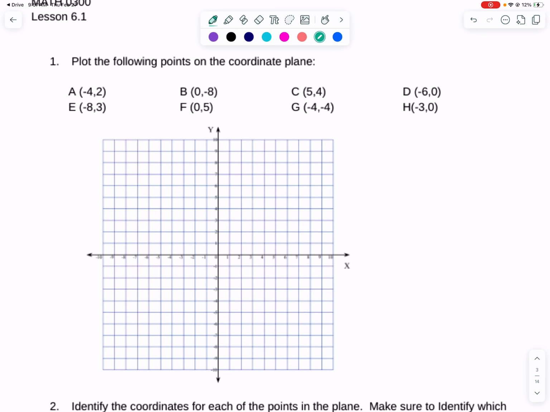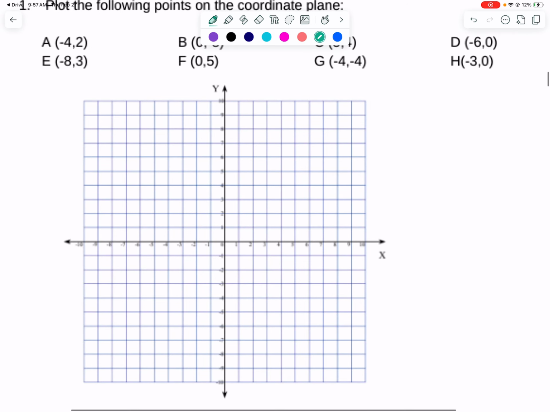Now let's plot some points. We probably won't do all of them, just because once you've done a few, you're pretty good at it by then. I'm going to go ahead and start by marking some important pieces on my graph just to help me.